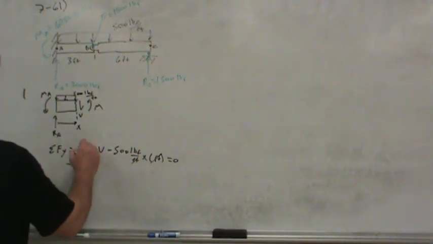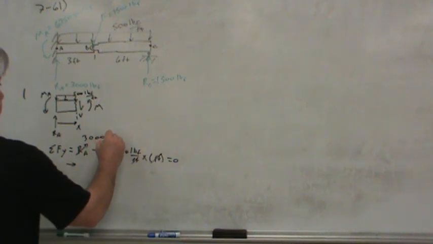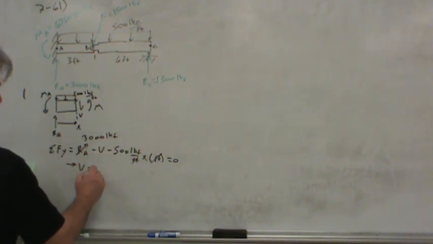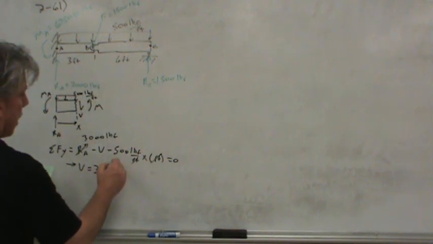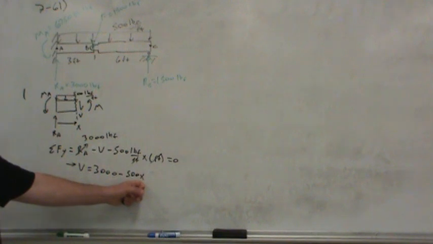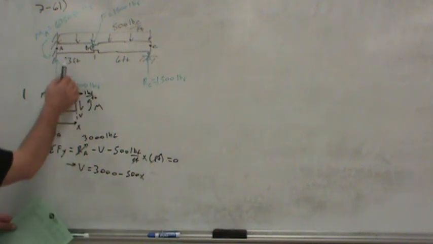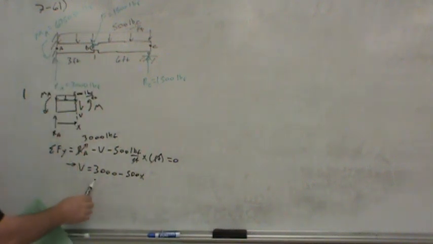Since we know RA is 3,000 pounds, solving for the shear, V is 3,000 pounds minus 500x. Of course, the x needs to be in feet, and then we'll get out shear in pounds force. So if we cut the beam between A and B at any point x, this is the magnitude of the shear we will find.